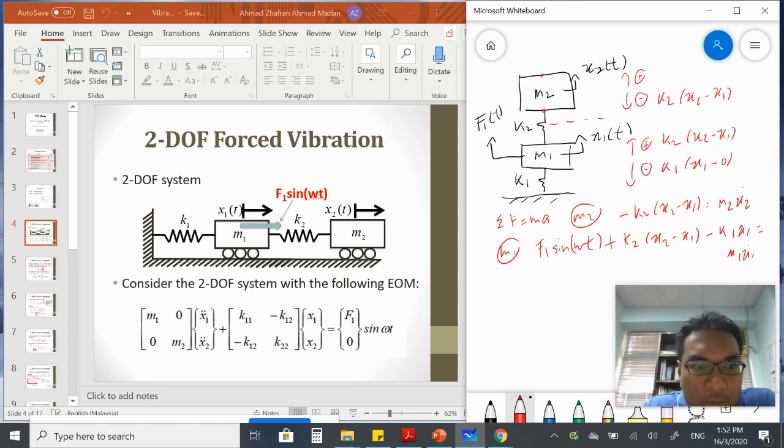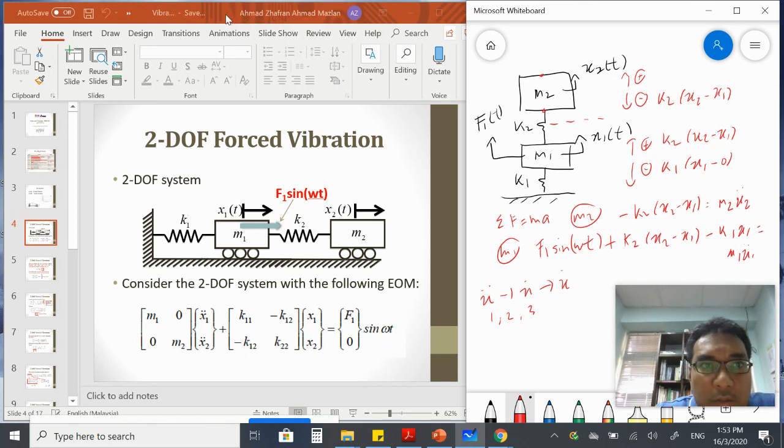When you arrange, as usual the rule of thumb is you must arrange the expressions in the order X double dot, X dot, then X, and arrange by number 1, 2, 3, so that you can write it in matrix form like this for the equation of motion.